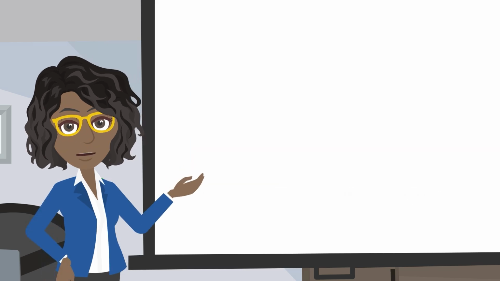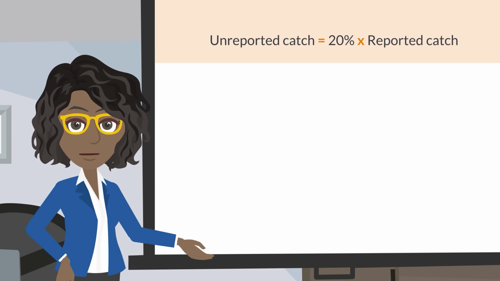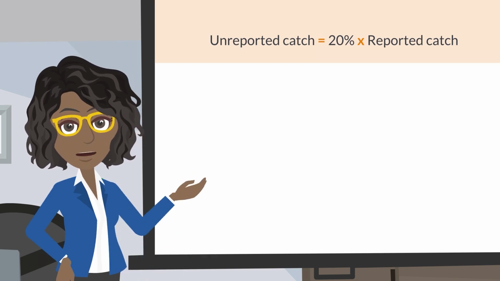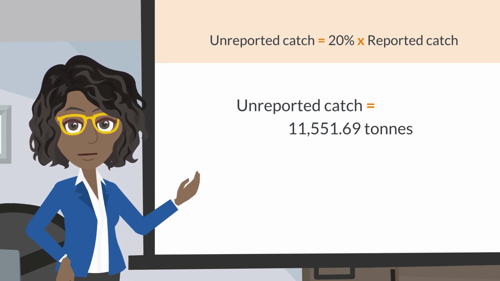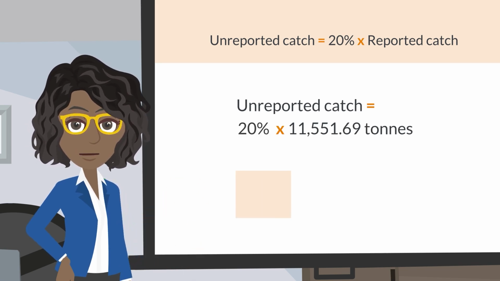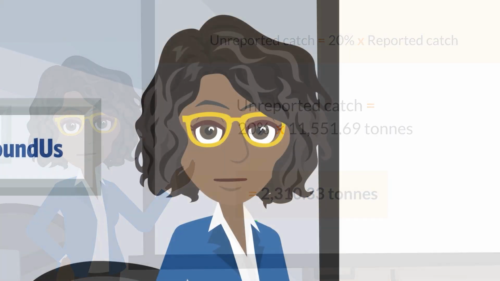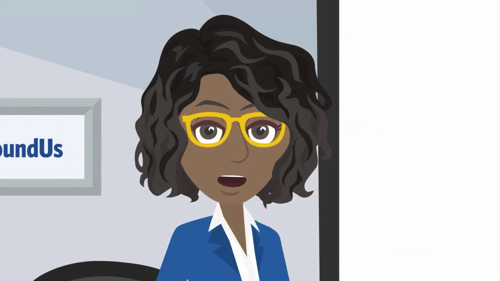So, in 2022, the unreported catch was determined by multiplying the reported catch by 20%. In other words, 11,551.69 tons by 20% equals 2,310.33 tons.